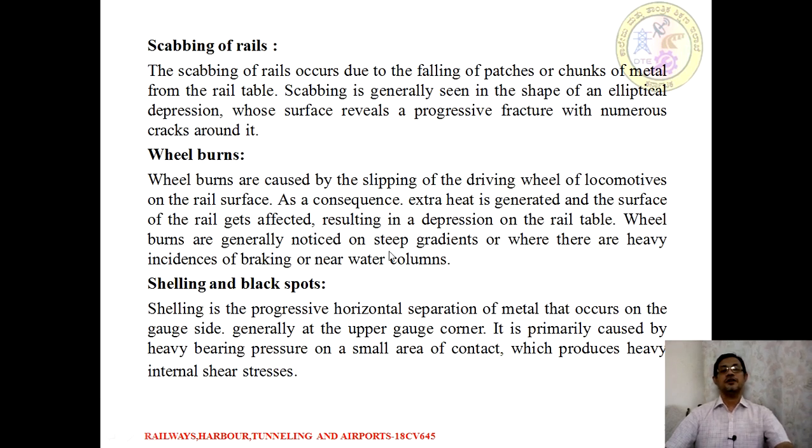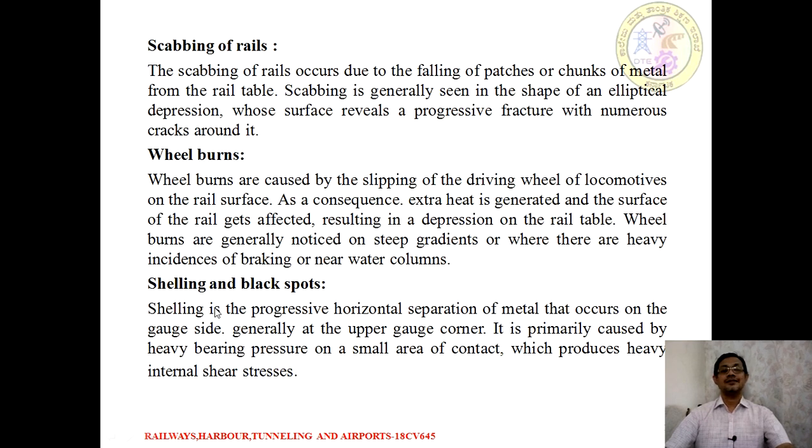This burn is especially noticed in the case of a steep gradient, or when braking is applied. The formation of extra heat causes wheel burn. So that is one more type of defect in rails.